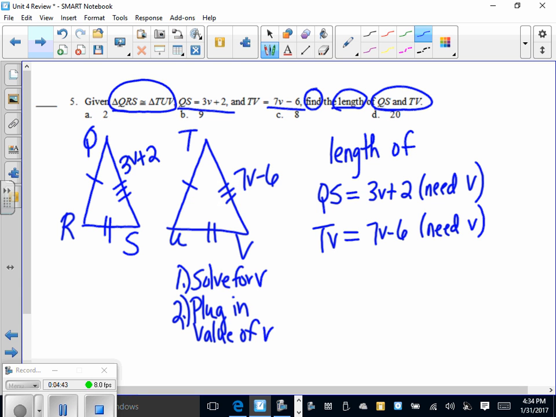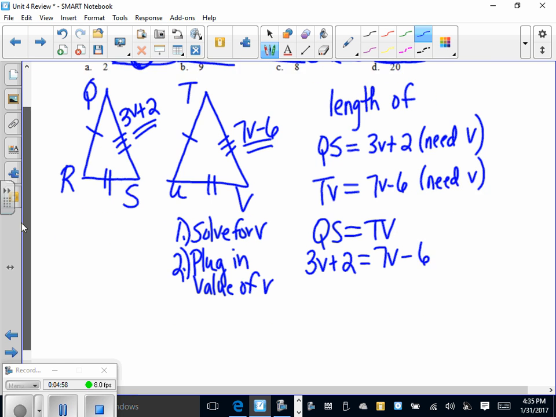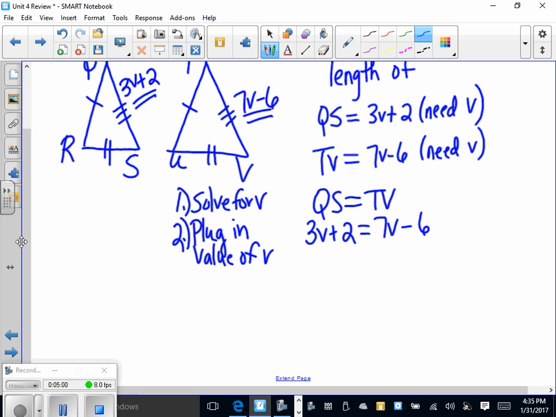Okay, so since we know that the two things are congruent, then this part is congruent to this part. So we can say that QS is equal to TV. So that means 3V plus 2 is equal to 7V minus 6. Which means I solve for V.